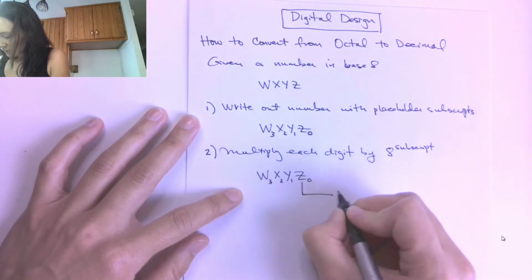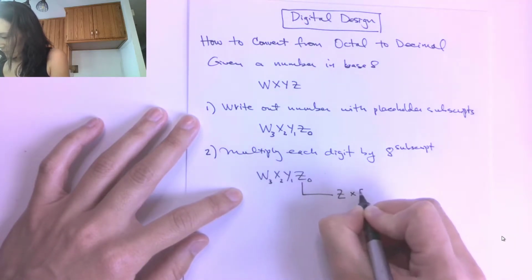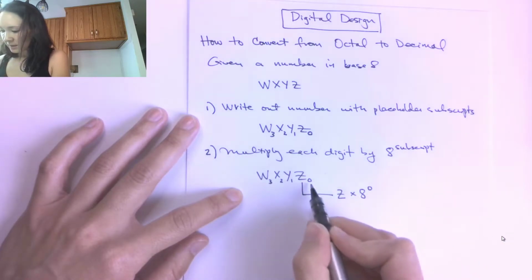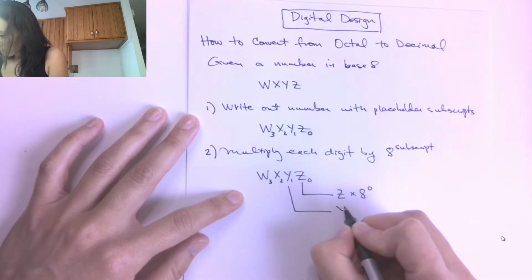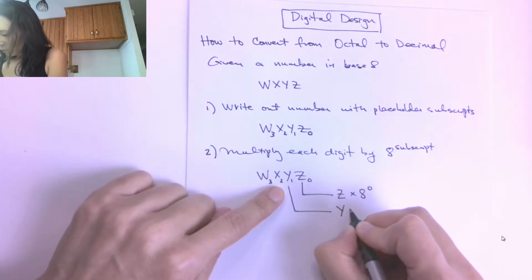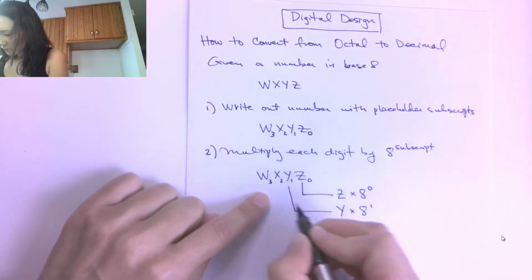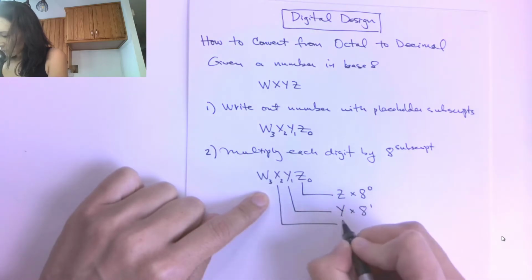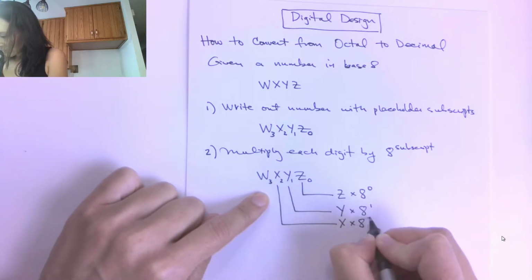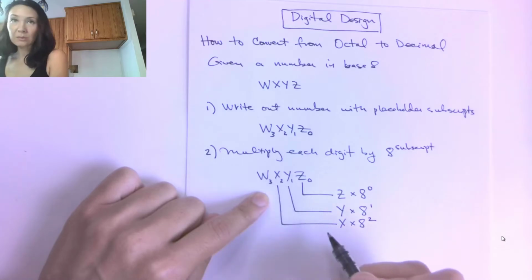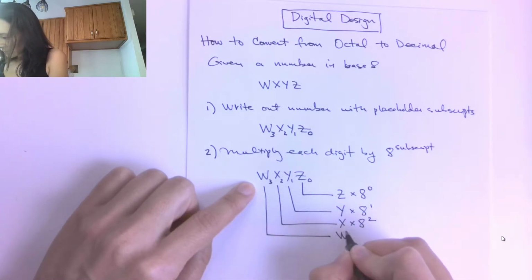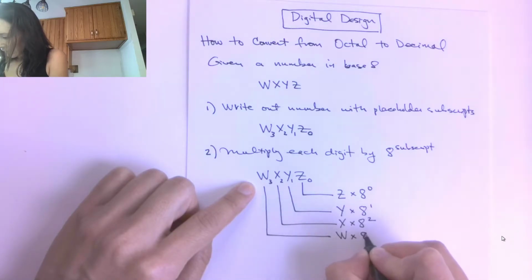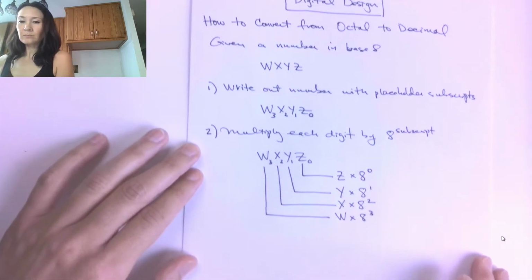The digit is Z, and I'm going to multiply by 8 raised to the 0 because 0 is the subscript on Z. I'm going to do this for the next number, Y times 8 to the first, and then this one is X times 8 to the second because 2 is a subscript on X, and then the W digit I multiply by 8 to the third.